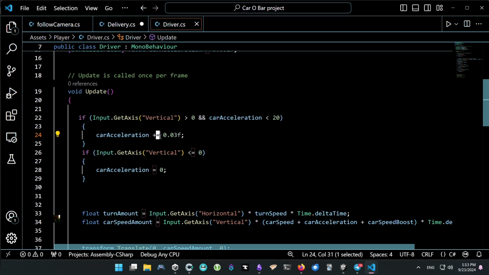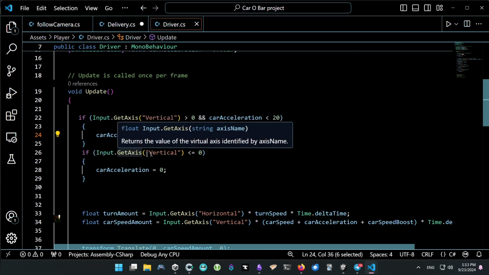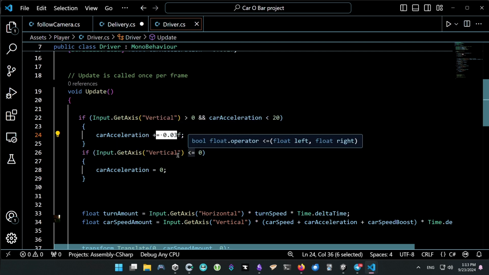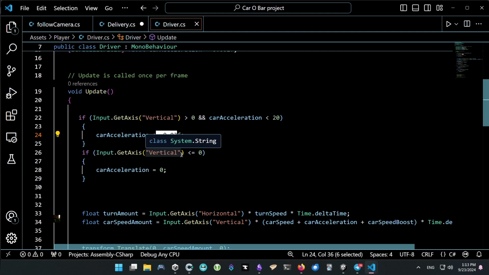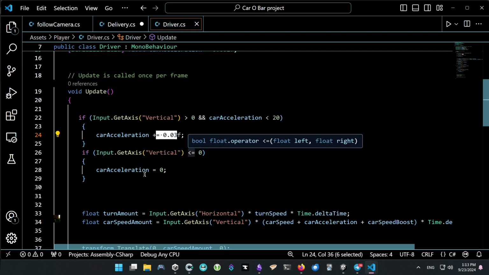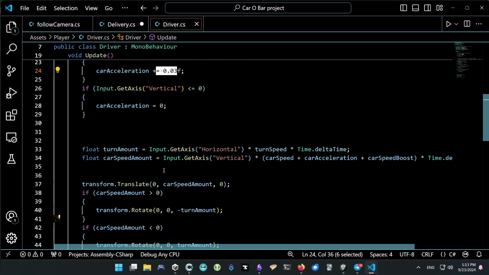I don't know how to say it in English. Sorry, I need to learn. And when vertical is equal or under 0, its acceleration should be 0.